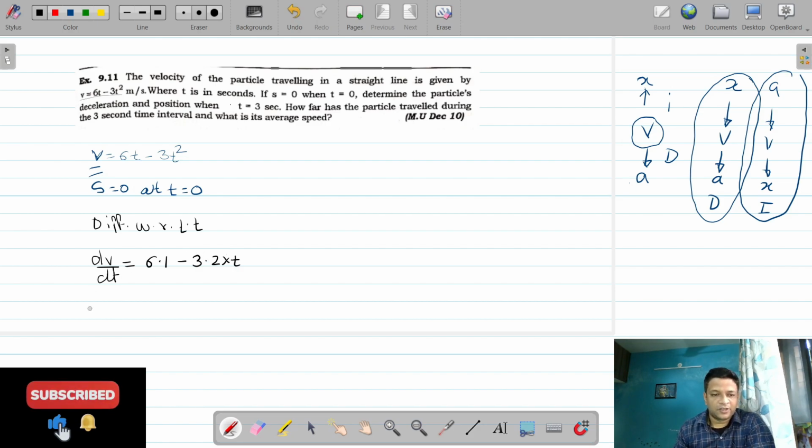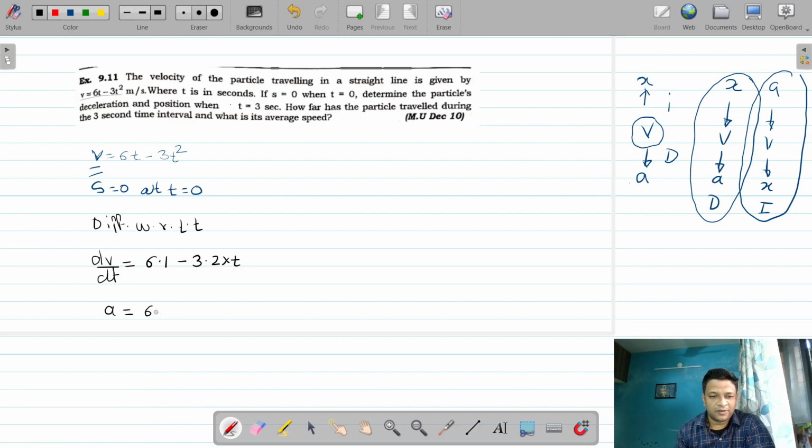Here dv by dt is nothing but acceleration. So acceleration is equal to 6 minus 3 into 2, that is 6t. So we get the equation: acceleration is equal to 6 minus 6t. The unit of this acceleration is meter per second square.